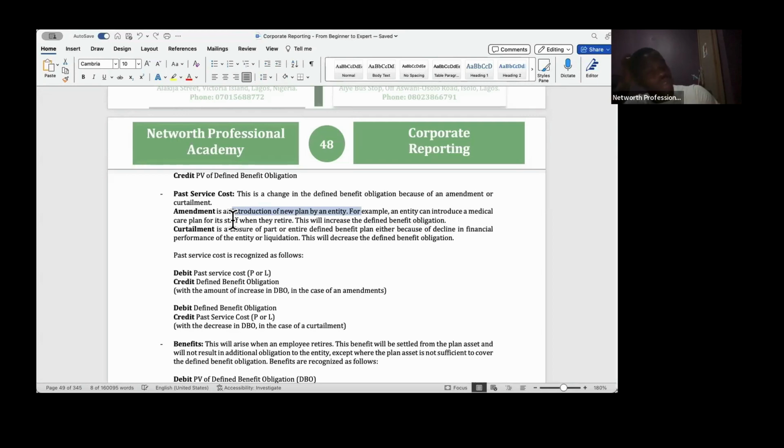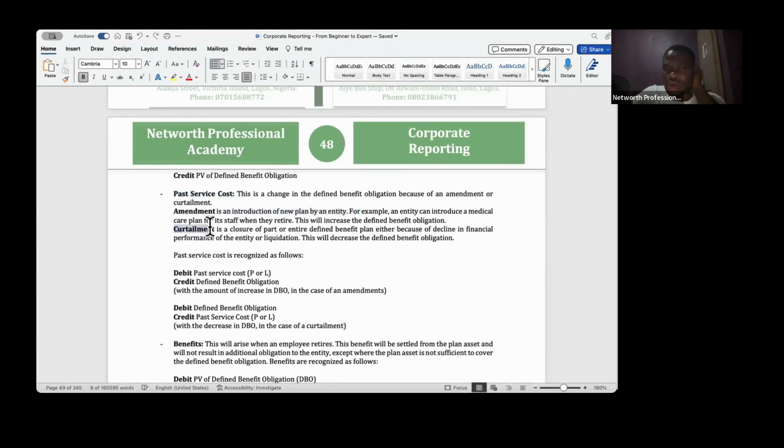When that happens, the obligation of the employer increases, because the actuary will calculate this contribution, which will increase the current service cost, which will increase the obligation. So that amendment will result in a change in the defined benefit obligation. That change is what we call past service cost.